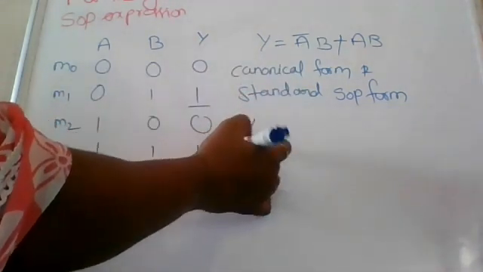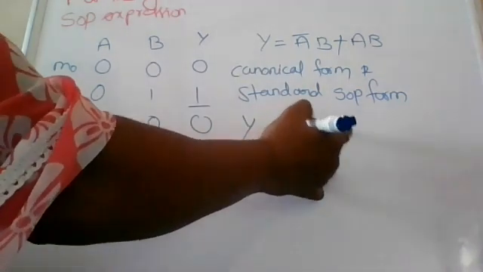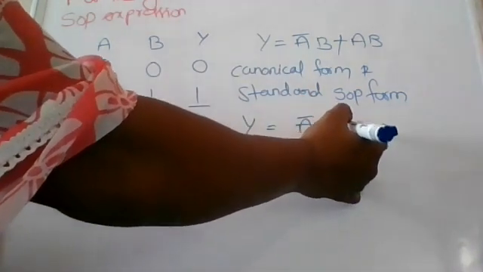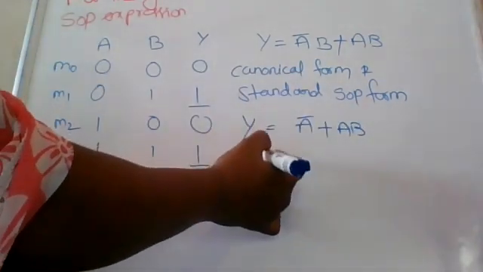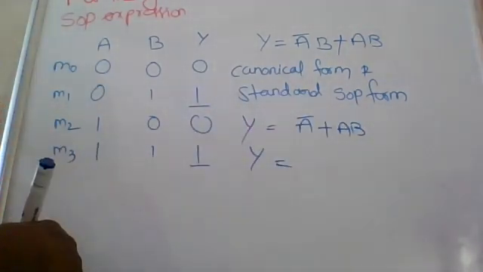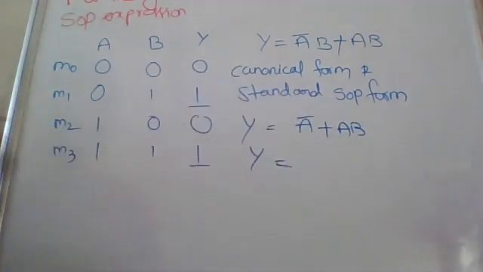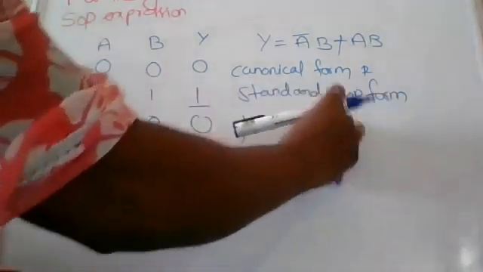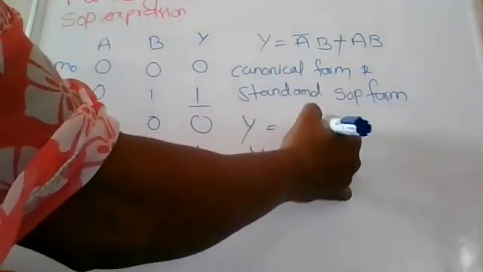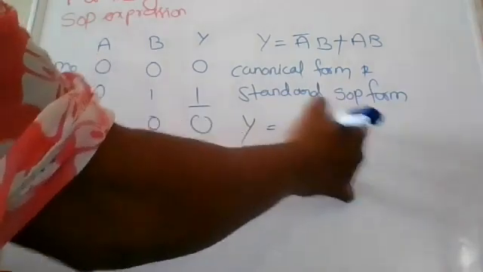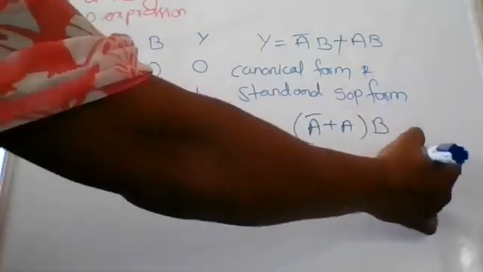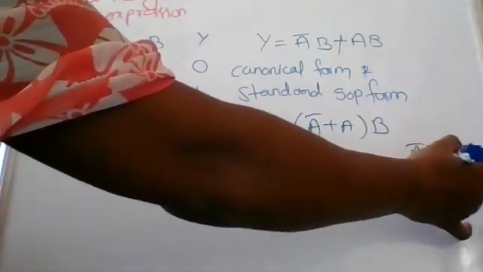So from distribution law, this expression we can write A bar B plus AB. Y equal to B common, A bar plus A, into B. So already we know that A bar plus A equal to 1.